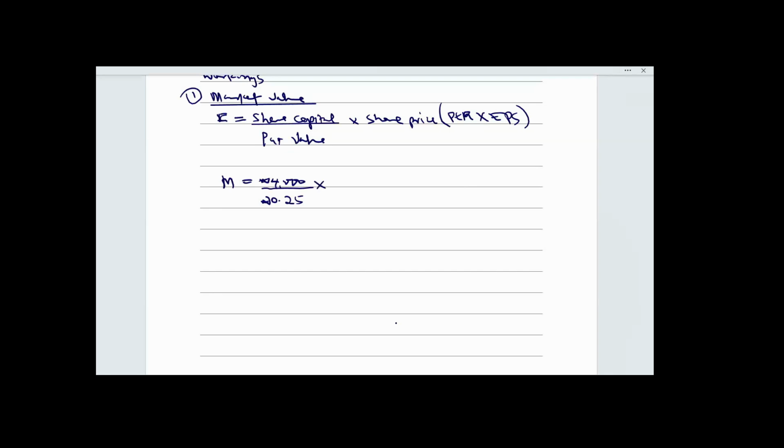I don't know the share price, so I need to work it out. The price earning ratio of Mississippi is 12, then earnings per share is 25 kobo. So 12 multiplied by 0.25.